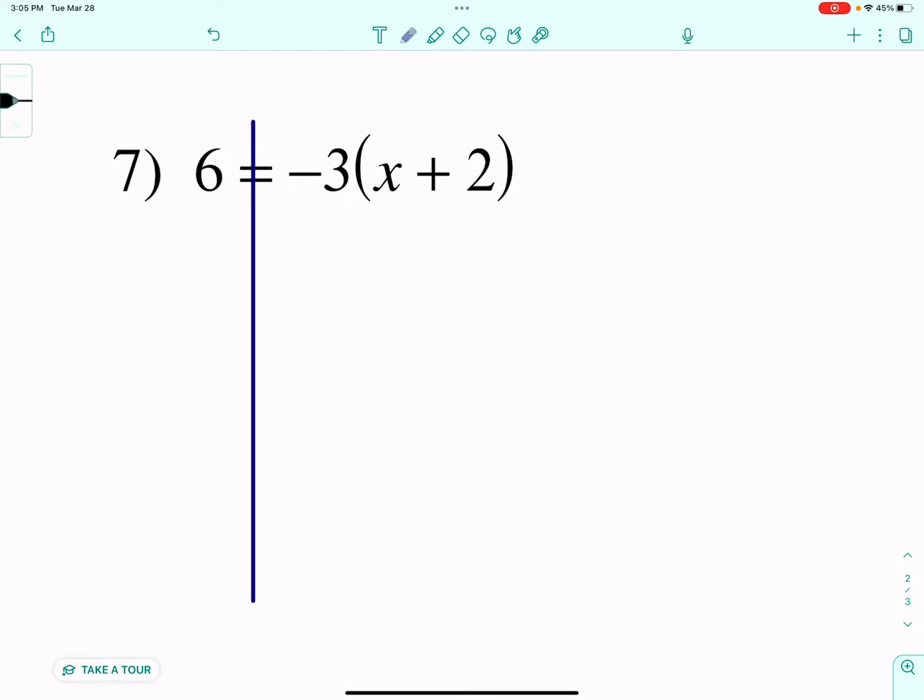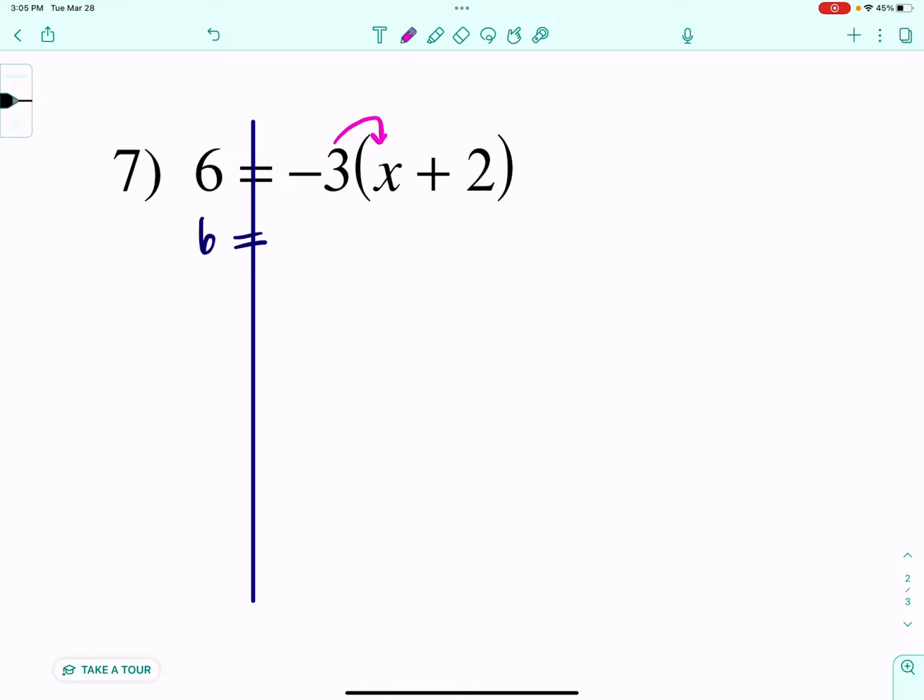Now, the second thing we had to check for was the distributive property. And we have a textbook example of the distributive property right here. So before we can jump in and solve, we need to expand the right side of our equation.